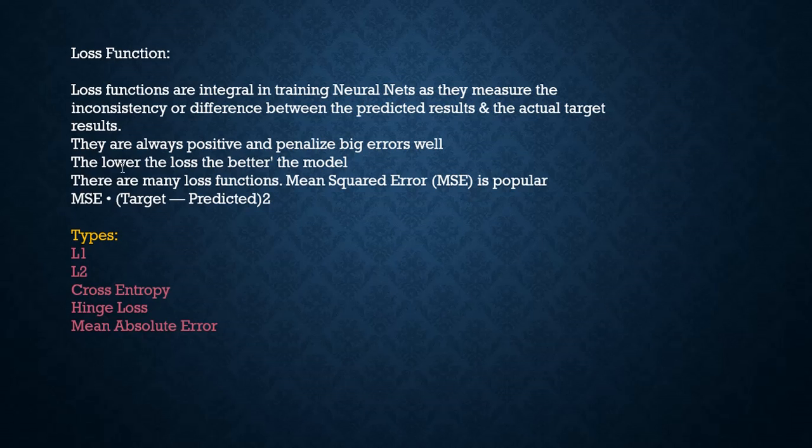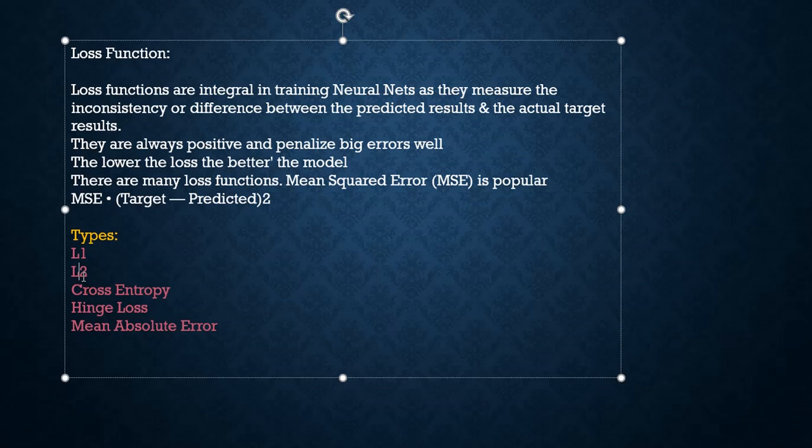The lower the loss, the better the model, because if you have a lower loss value, then the model will do better. As I said, there are many loss functions. These are the different types: L1, L2, cross entropy, hinge loss, and mean absolute error. But the most popular loss function is the mean squared error.